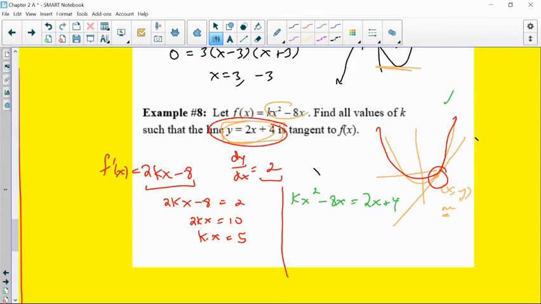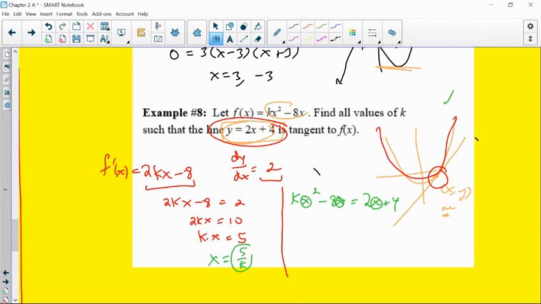And we're trying to solve for k, but it might be easier to solve for x. I know that, for example, x is equal to 5 over k, and if I take that x and replace all of the x's here, I'll be in terms of k. That might be more work.